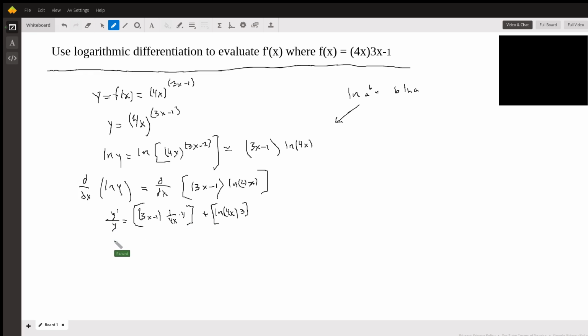Okay, now we're going to replace y with what it is here. That's the last step. Let's clean this up a little bit before we do that. So this gets simplified to 3x minus 1 over x, because the 4's cancel. And then this is just going to be multiplied times 3 log 4x.